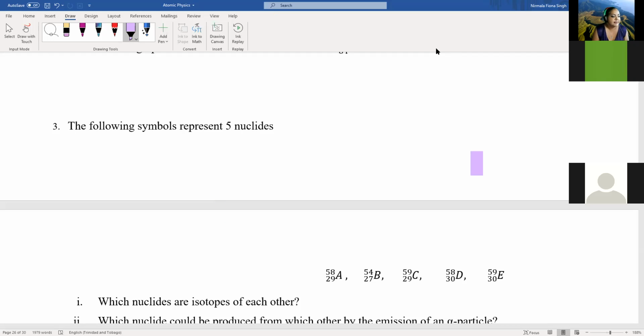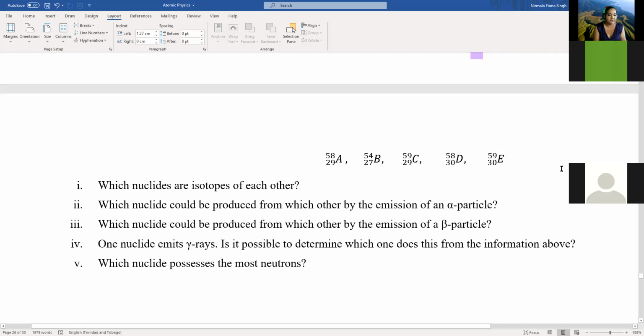The following symbols represent 5 nuclides. I have 5 nuclides here: 58, 28 A; 58, 29 B; 57, 27 C; 59, 29 D; 58, 30 E; and 59, 30 F. Now, somebody tell me, what is an isotope?